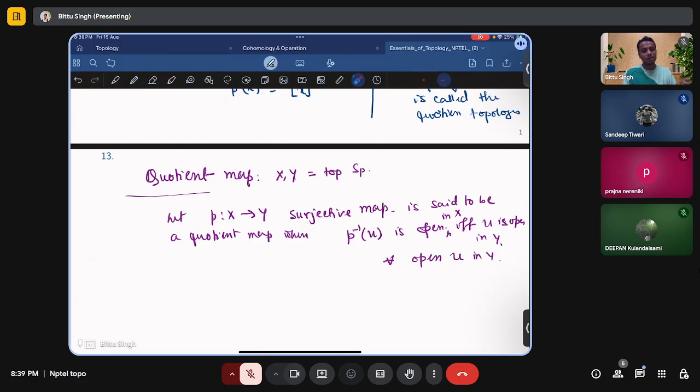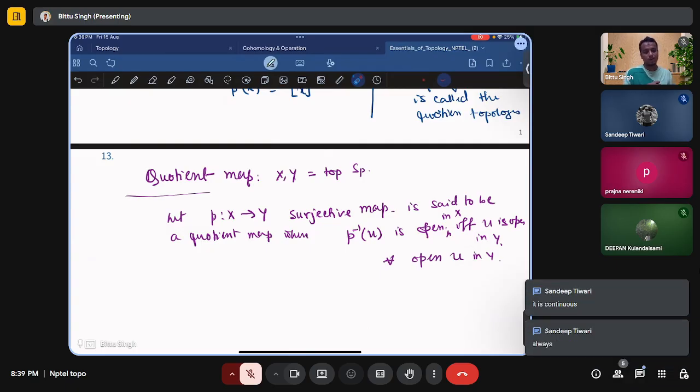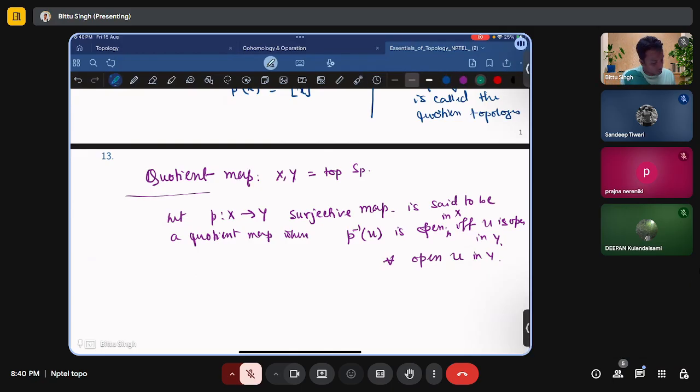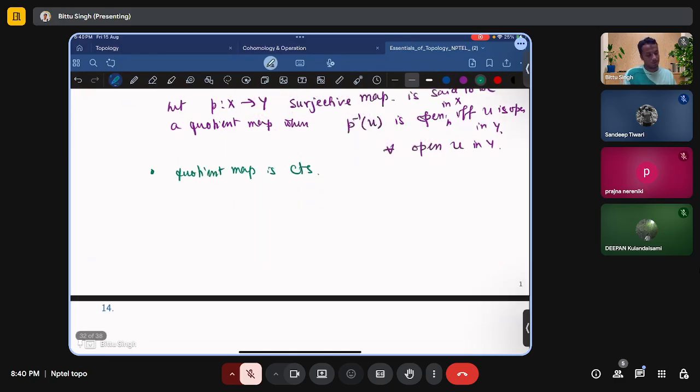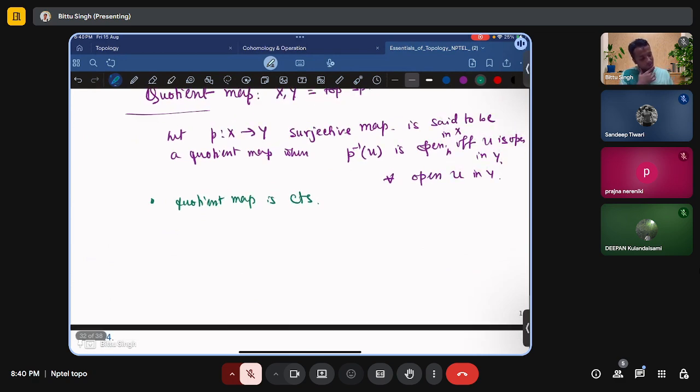There are no more open sets than those. Yes. So a quotient map is always a continuous map. Yes, exactly. Great. So this is a note: a quotient map is continuous. This is the definition of a quotient map.